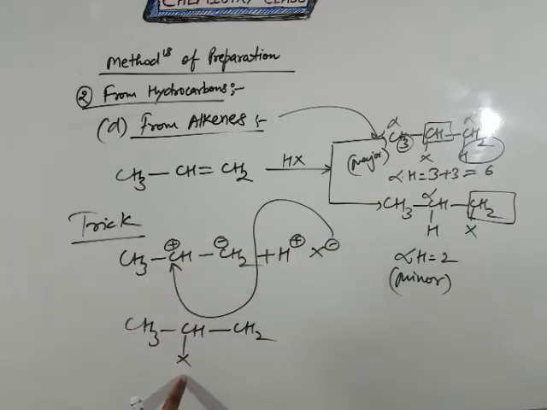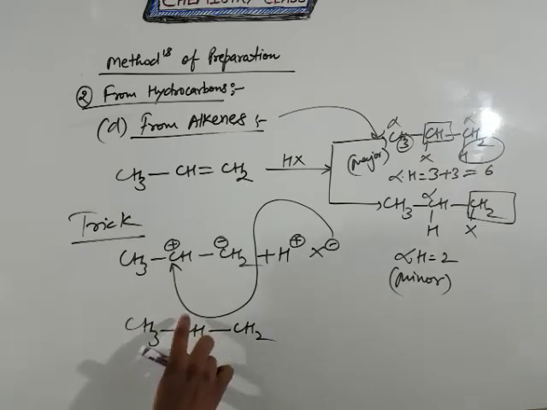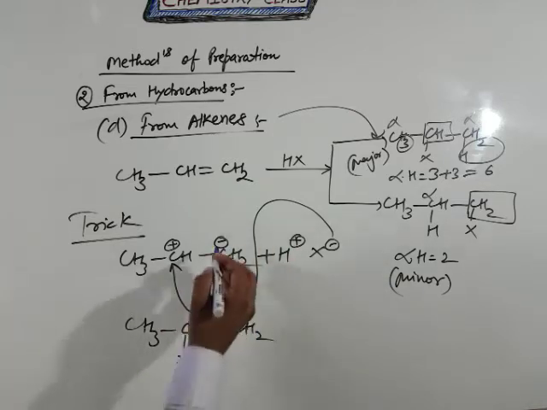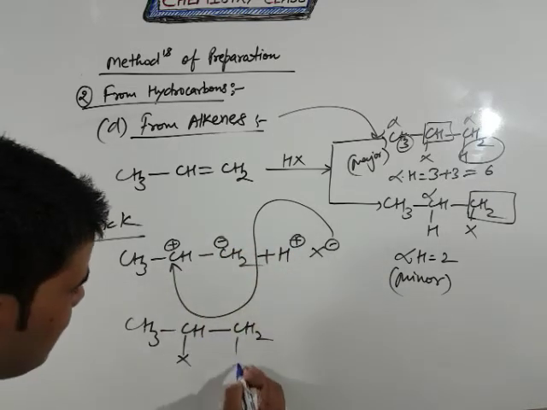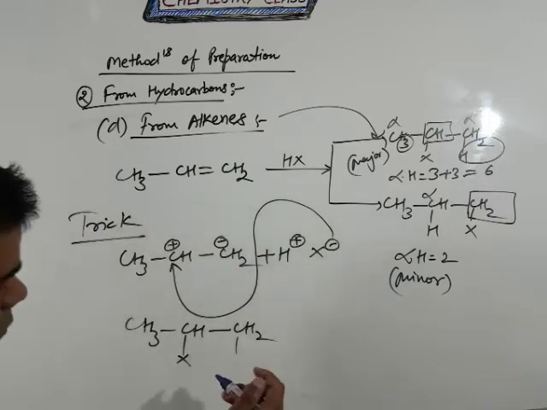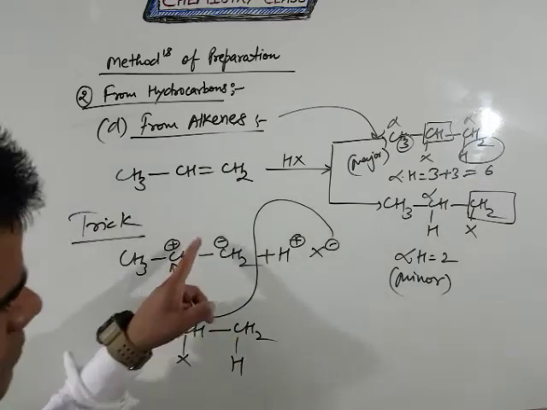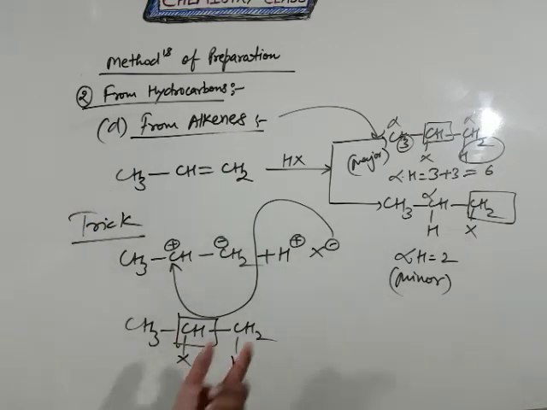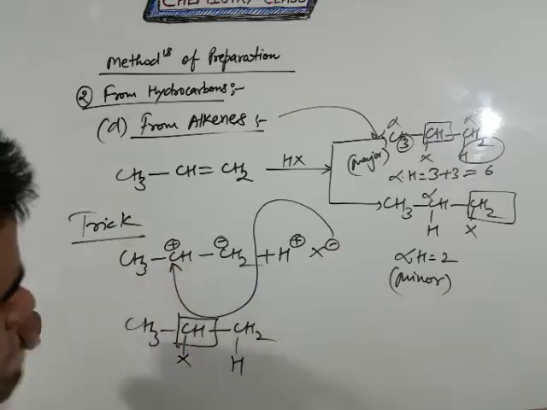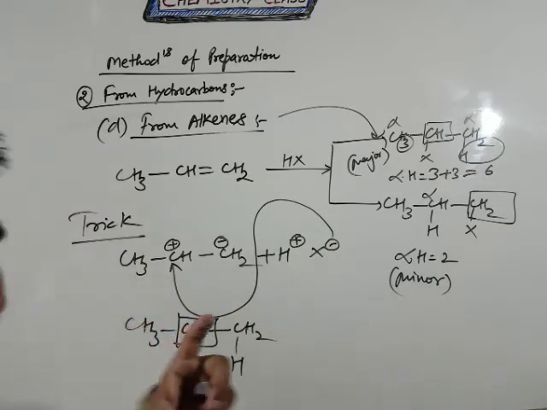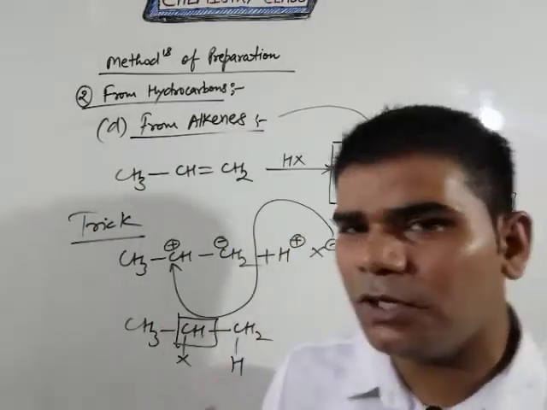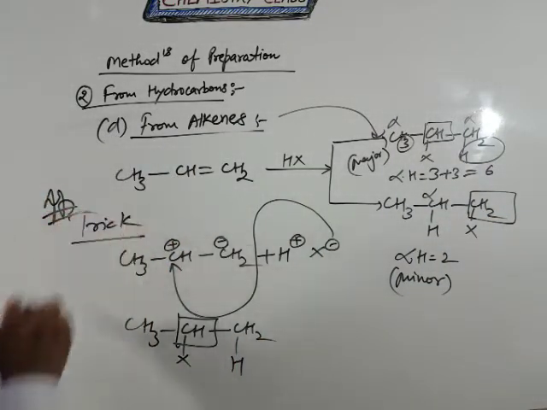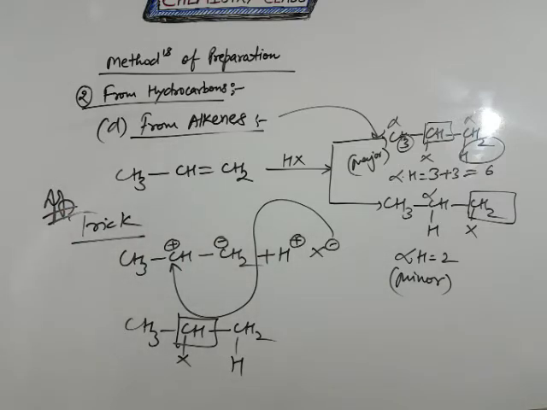That's why this carbon atom is attached to the halogen. It will form a C single bond X, and in this case also plus and minus attack each other, forming a single bond with the help of the positive and negative charge. So according to the Markovnikov rule, the nucleophile attacks the carbon atom having the fewer hydrogens, due to the unsaturation. This is a better trick for the Markovnikov rule.